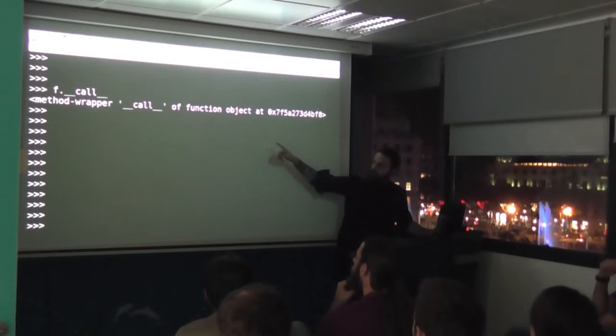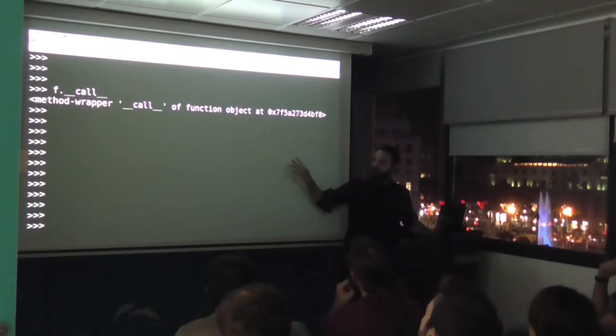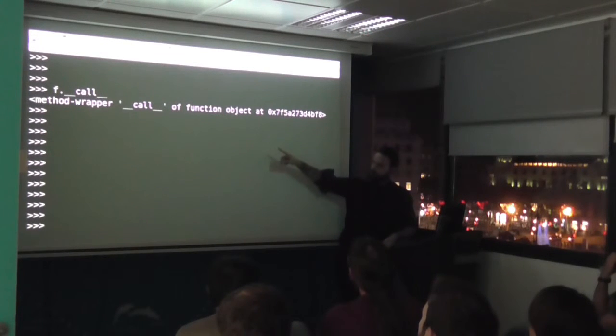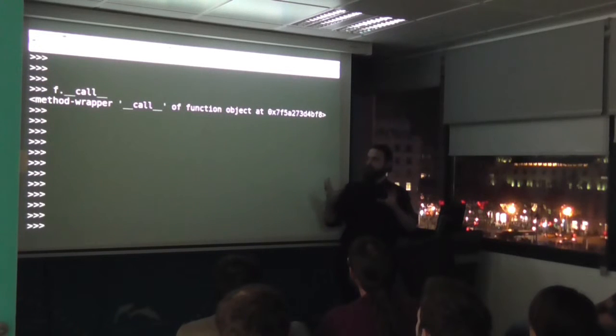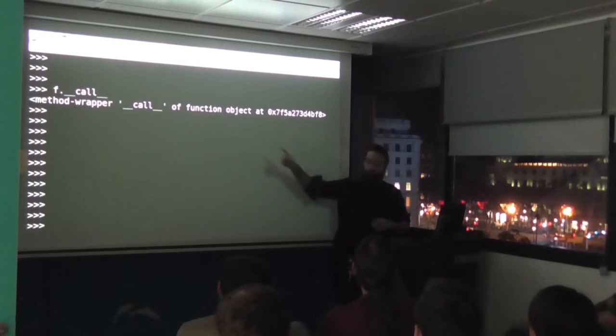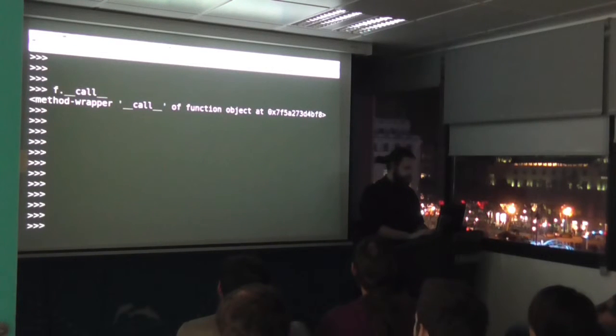So what does method proper mean? The point is that Python at the end summarizes all the ways to call functions with this method call. Sometimes this method logically exists, or sometimes this method is virtual and actually doesn't exist and is a method wrapper.